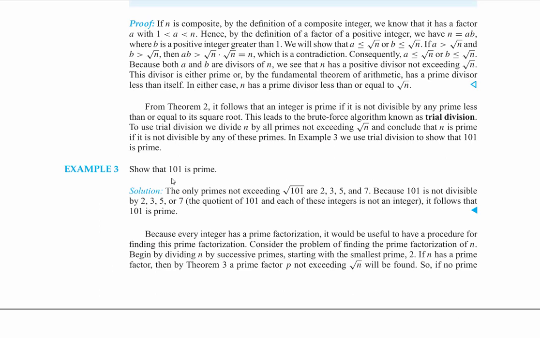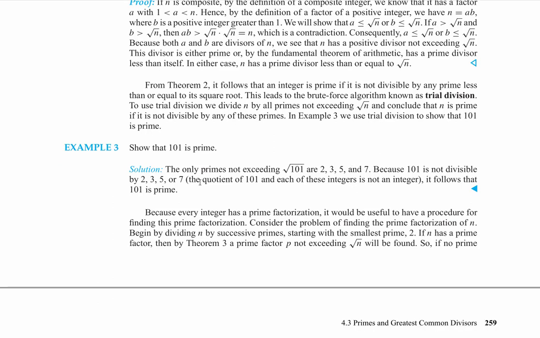Example 3, show that 101 is prime. Okay, so the square root of 101 is 10 point something, so the only primes less than or equal to 10 are 2, 3, 5, and 7. Okay, 2 doesn't divide 101. Try 3, that doesn't work. 5 doesn't work.